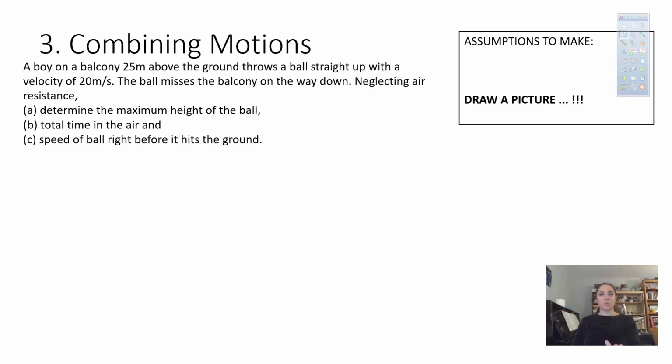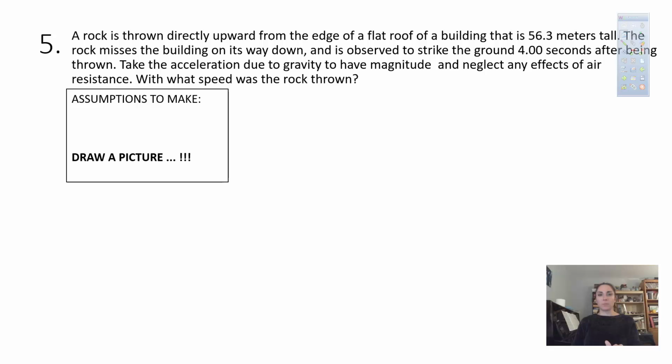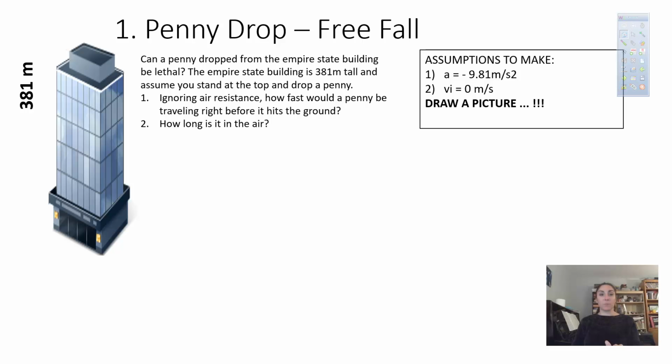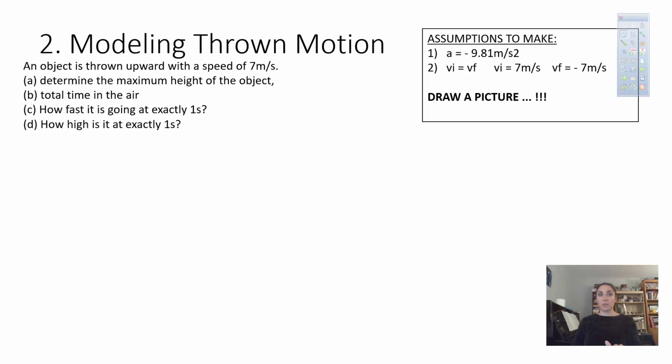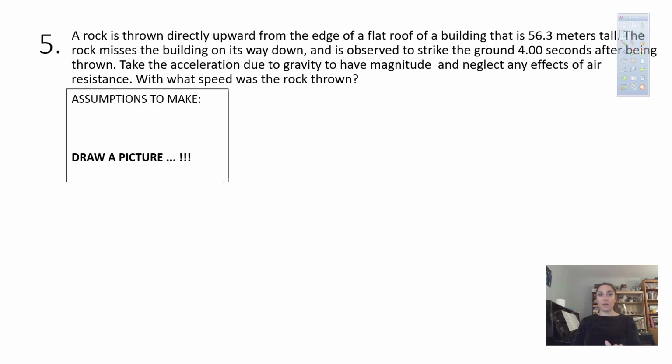This one is identical to that one now that I look at it. So I just want to reiterate. Number 1, plug and chug. Number 2, 3, 4, and 5 are not plug and chugs. But I'll show you how to solve these in the next video and what to do to solve questions that are not plug and chugs. Okay? All right, I'll see you in the next video.